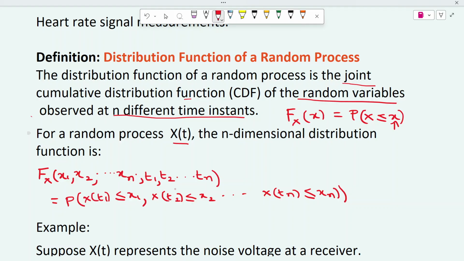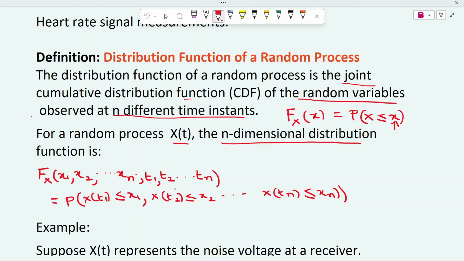So if we are taking n different time instants, that is nothing but the n-dimensional distribution function. So Fx of x1, x2 and so on up to xn, observed at t1, t2 and so on up to tn. Now the random variable is indexed by time t, so that is why we are including the time index also. Earlier we had the probability that X is less than or equal to x.